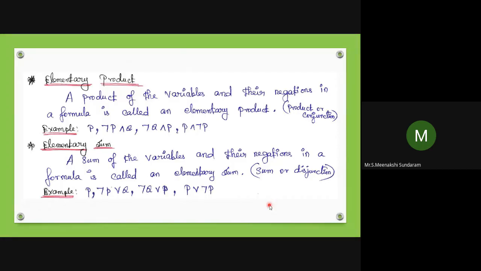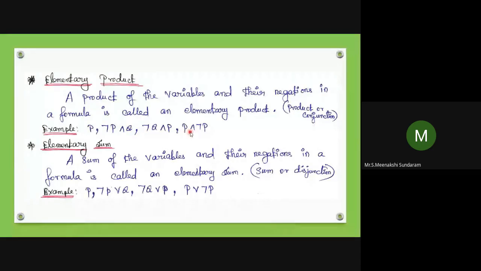For example, for P and Q, I can take the truth table: the P column is true, true, false, false, and the Q column is true, false, true, false. So the elementary products are P, negation P conjunction Q, negation P conjunction P, and P conjunction negation P.